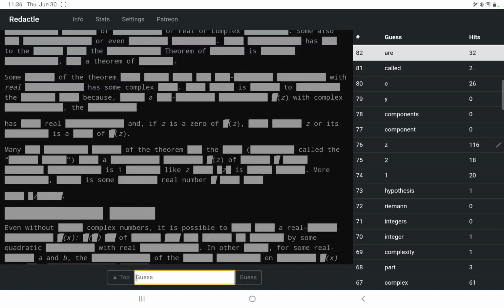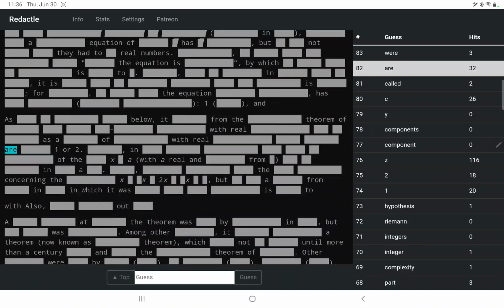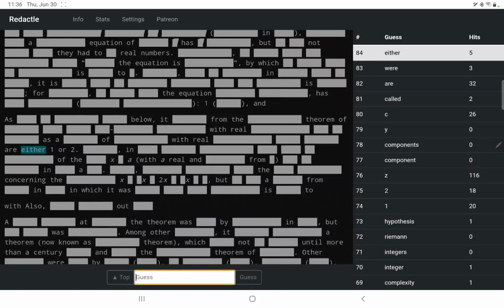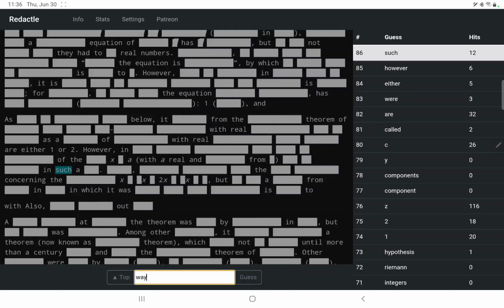R, we did R. Were, oh no, I didn't do R. Sorry, that's a new one. And let's look at our R's. Are either 1 or 2. However, in such a 3-letter word, in such a way. That's pretty ridiculous.